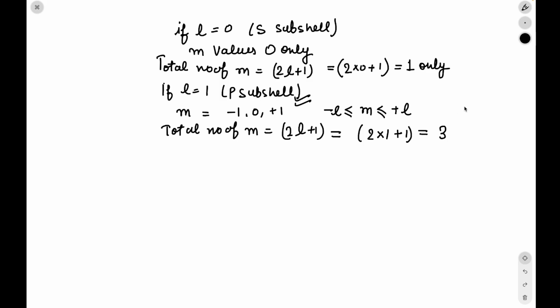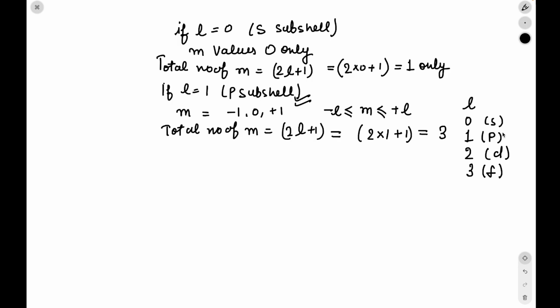Because we have already studied that if l is 0, that means the s subshell. If l is 1, that means the p subshell. If l is 2, that is the d subshell. And if l is 3, that is the f subshell.